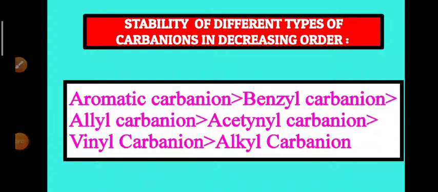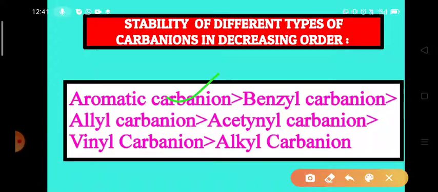Now, up to now, we have discussed the different types of carbon ions, and if you put all those carbon ions at one place, then we get this type of order. So look here, among all types of carbon ions, aromatic carbon ions are the most stable carbon ions. Then after comes benzyl carbon ions.